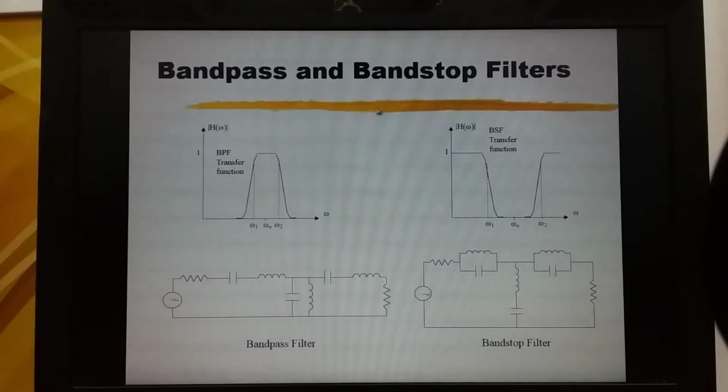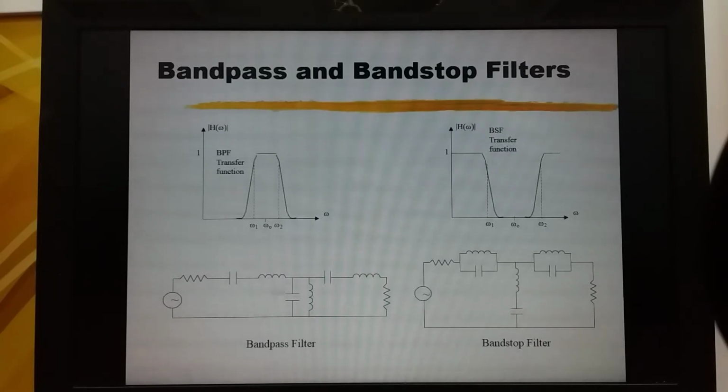Resonators are used in the design of bandpass filter and bandstop filter. This is the example of a bandpass filter where we have a series resonator followed by a parallel resonator and then followed by a series resonator. To make a bandstop filter, the configuration will be opposite.